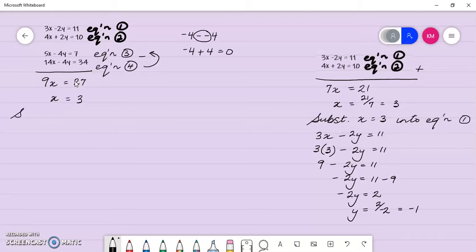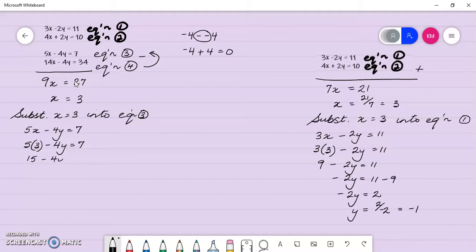So my next step is simply to substitute my value of x, which is 3, into any equation, and I'm going to take equation 3. So I'm going to rewrite equation 3 here. 5x take away 4y is equal to 7. 5 multiplied by 3 take away 4y is equal to 7. 5 by 3 is 15.